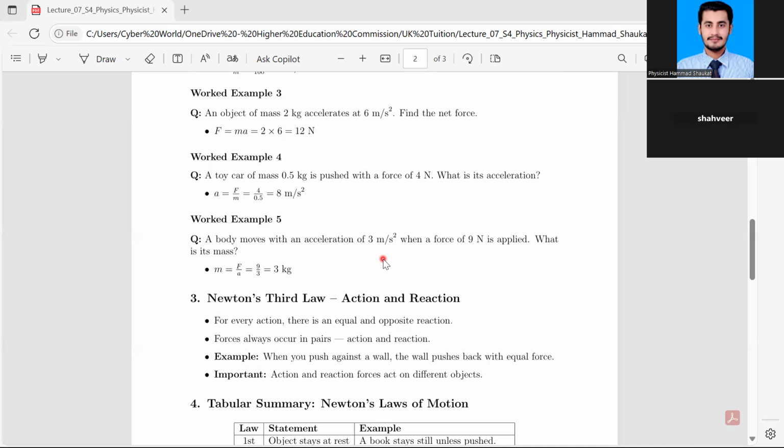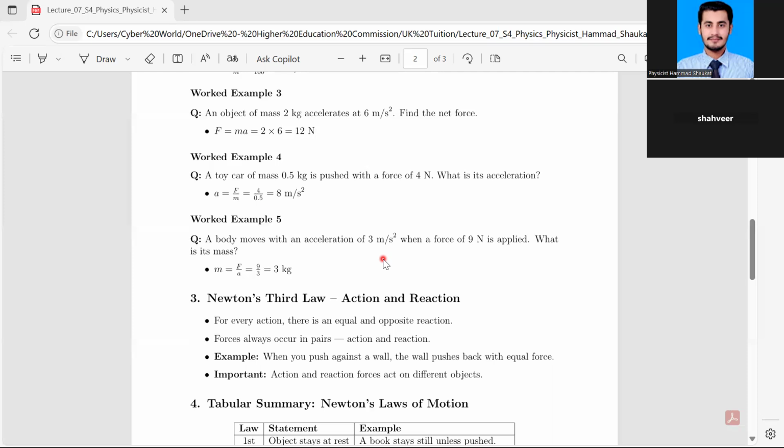You take F equals ma and then switch the m and the a. So F is 9 newtons divided by acceleration, which is 3. So 9 divided by 3 becomes 3. And what is the unit of mass? Kilograms.